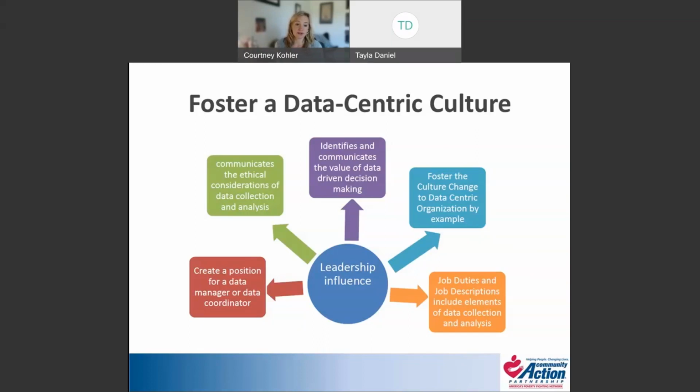And then also just leading by example. So if you're wanting to see more evidence of a data-centric culture, anyone at any level of the organization can provide that example to others up and down and across the organization. So those are just some ideas to take with you to help foster that culture.